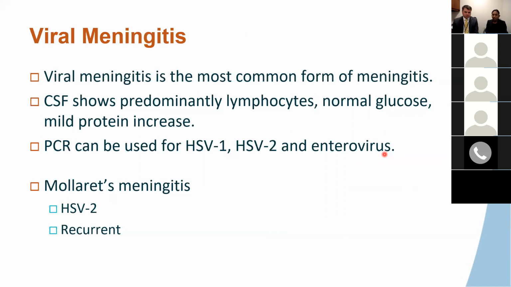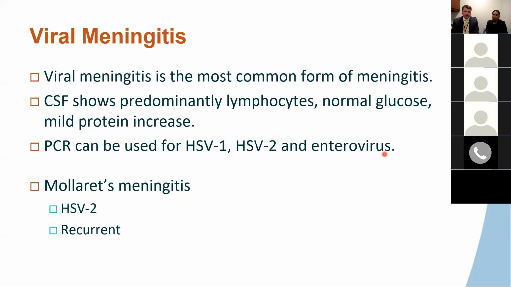But the caveat is, if you're still suspecting herpes even if the first test is negative, especially if you did it in the first 1 to 2 days of symptoms, one of the recommendations is that you re-tap the patient at 5 to 7 days to make sure it's still not herpes meningitis or encephalitis.